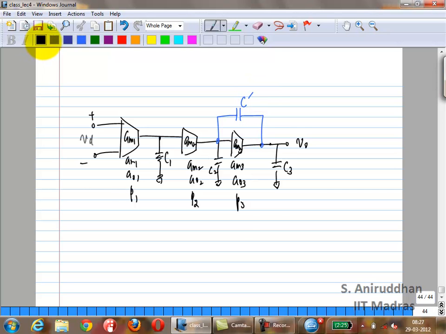What is going to happen to the pole position? So let's say you had P2 and P3. Right now this is just the inner loop. So P1 doesn't come in. You have P2 and P3. What happens when you add C prime?